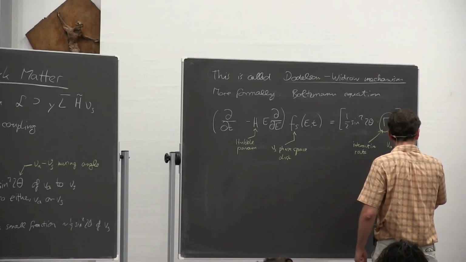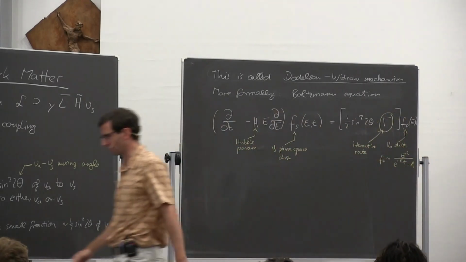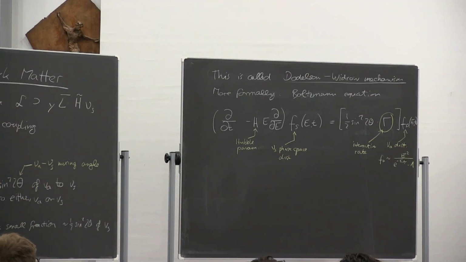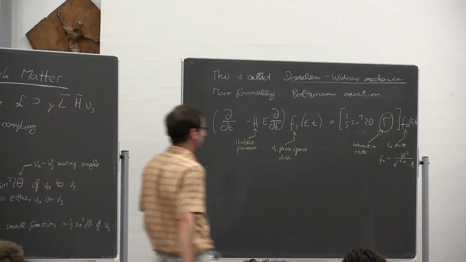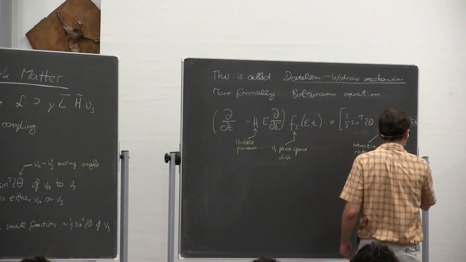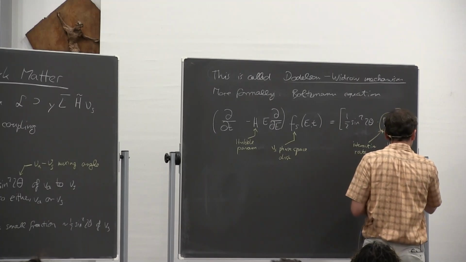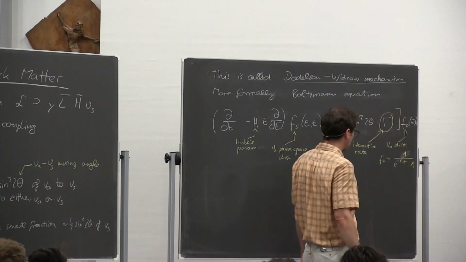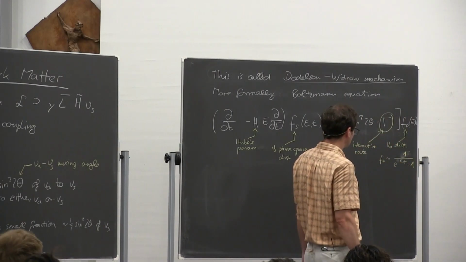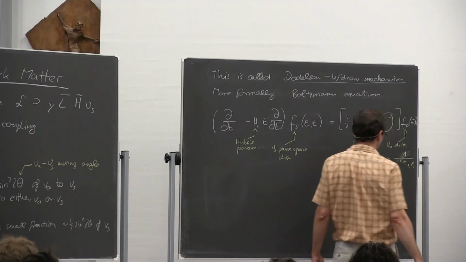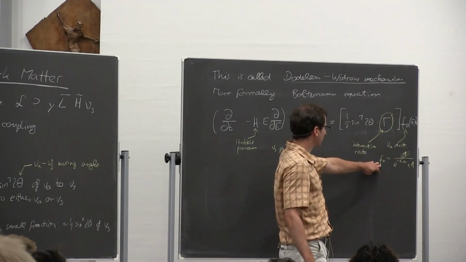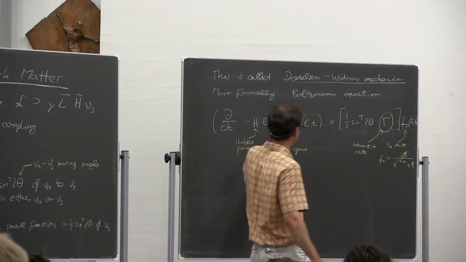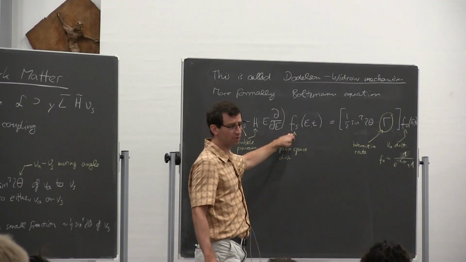I thought I needed an E squared in the numerator, but I don't even need that, and there should not be a minus sign since it's a plus in the denominator. So that's just the Fermi-Dirac distribution. And F_s, that's the quantity that we want to solve for.